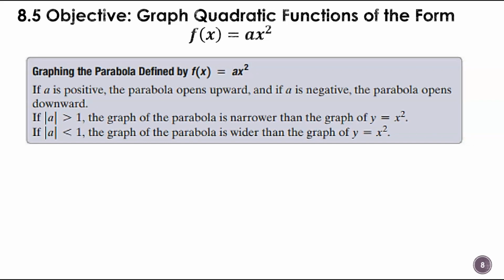So this would be like a fraction, right? So on this one, it would be like a equals 1/2 or something like that when it's less than 1. And notice its absolute value. It can be a negative 1/2, and it meets that same criteria. It makes for a wider graph. So the bigger the denominator in this case, the wider the graph gets. And on this, the greater the number is than 1, the bigger the number gets, the more narrow our graph will be. Okay.